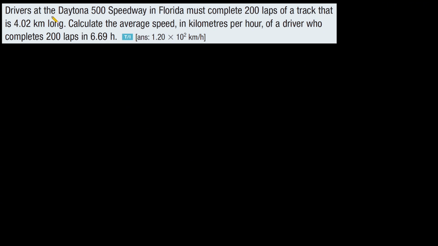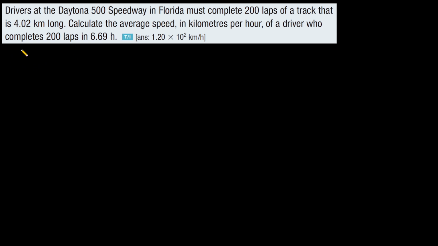Look at this question. Drivers at the Daytona 500 Speedway in Florida must complete 200 laps of a track that is 4.02 kilometers long. Calculate the average speed in kilometers per hour of a driver who completes 200 laps in 6.69 hours.